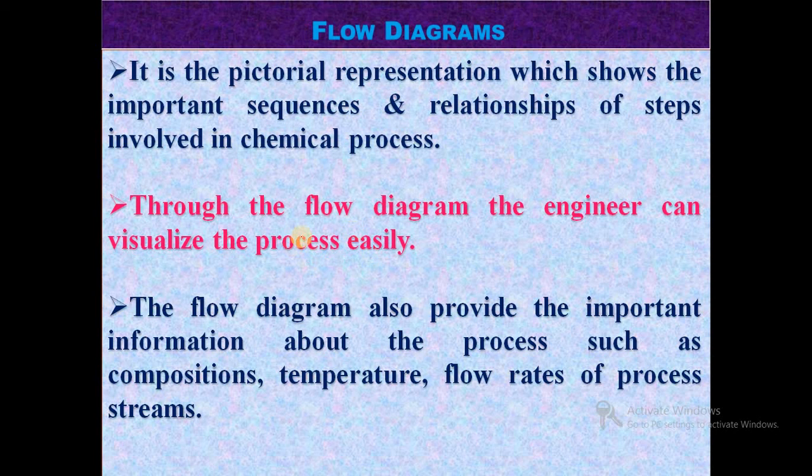It is a pictorial representation which shows the important sequence and relationships of steps involved in chemical processes. So this is a very neat diagram. By using a flow diagram we can understand which steps are involved to carry out any type of chemical process. Through the flow diagram, the engineer can visualize the process easily.